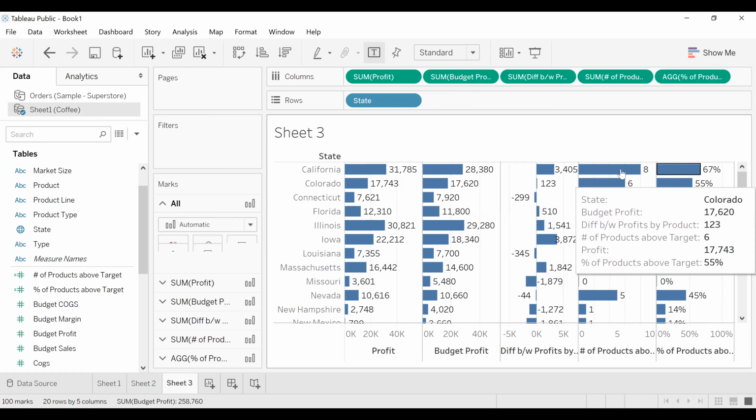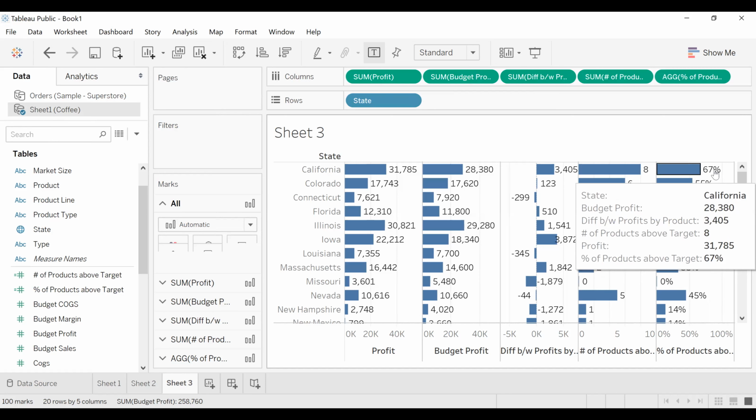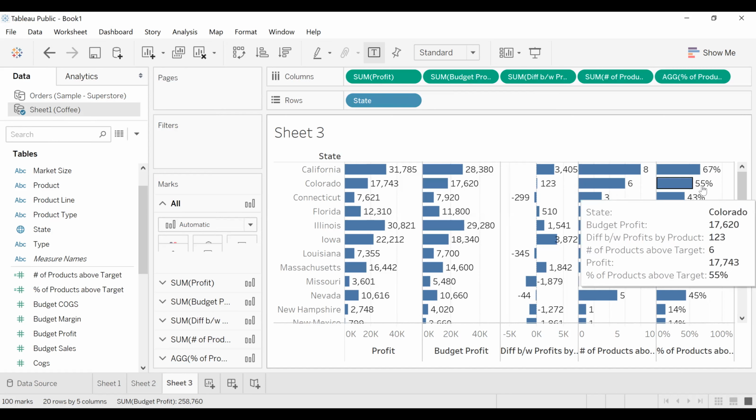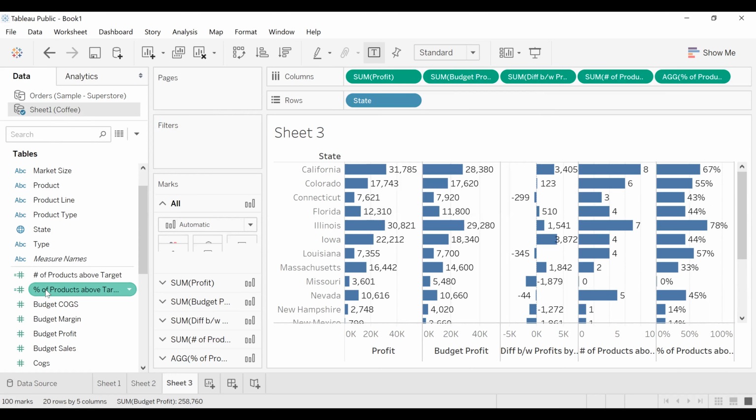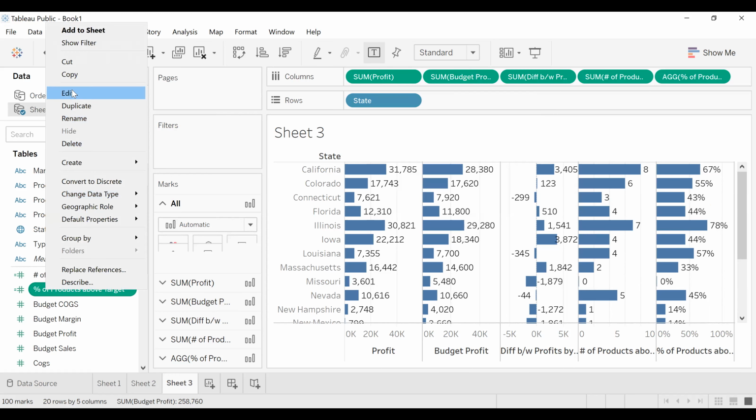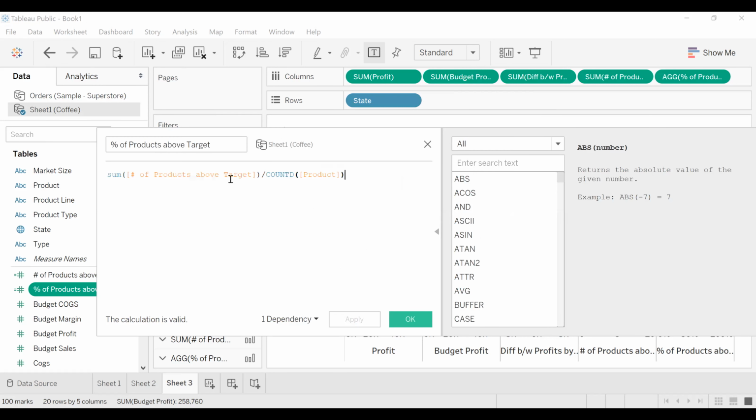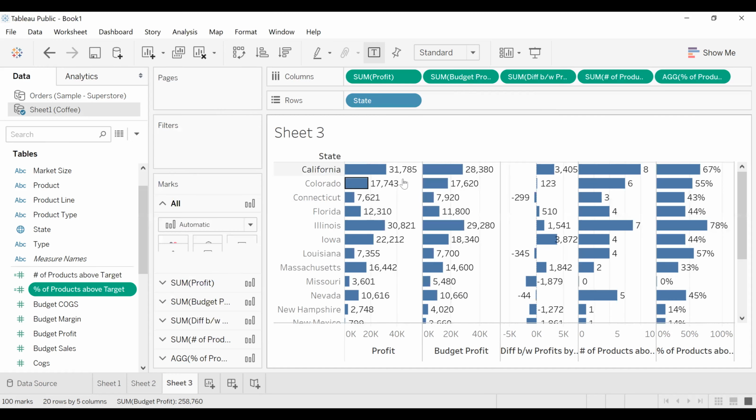So now it is coming as 8 divided by 12, which is around 66 point something, right? 67%. This is 55%. So it is the sum of the number of products above target divided by the count distinct of products which are part of that particular state. Because it is at the state level, it automatically takes care of considering the state level products.